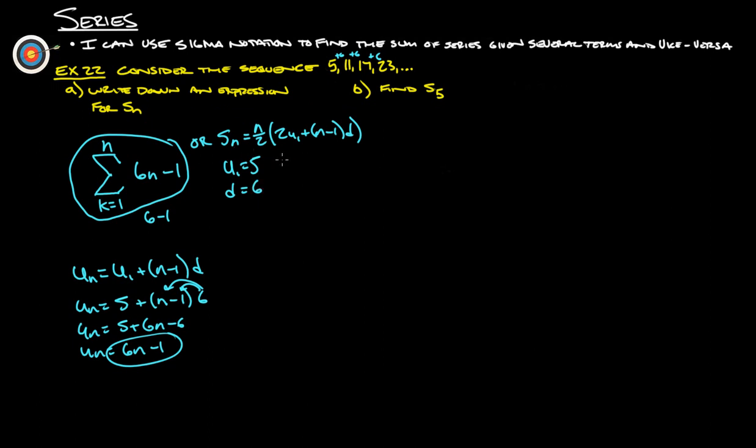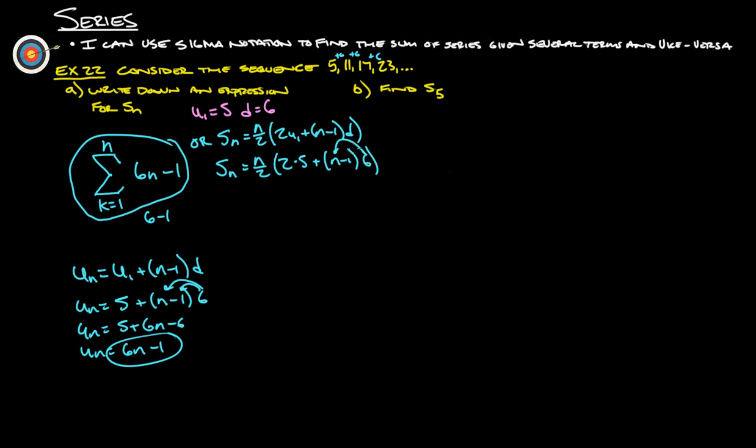So we get, let me move this over. Okay, so I just moved it up there. So our first term is 5, our d is 6, and since we're looking for the general expression, our n is going to stay the same. So we just write S of n equals n over 2 times u1, which in this case is 5, plus n minus 1, all times the difference, which is 6, right?